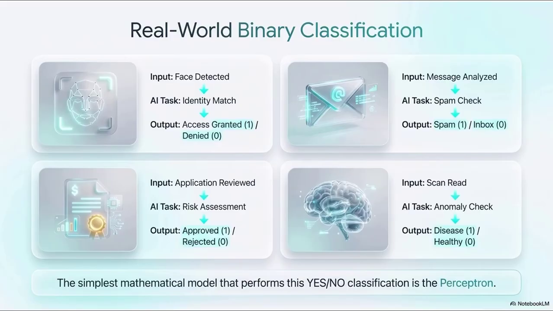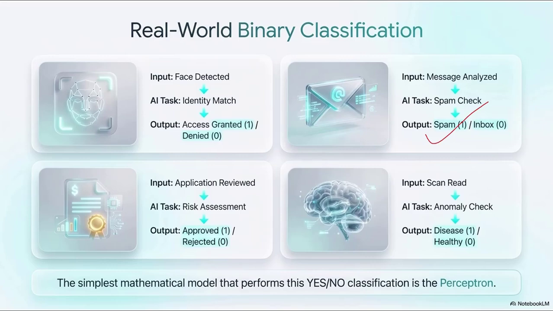Second is message analysis. For mail we have spam or not spam. So the output we get after the AI task is performed is whether the mail is spam or not spam. It goes to the spam folder, or it will go to the inbox if it is not spam.